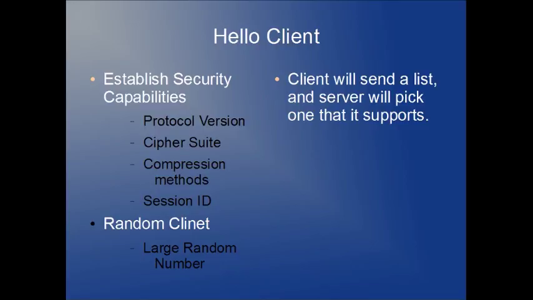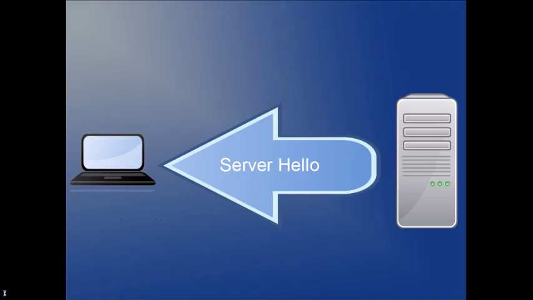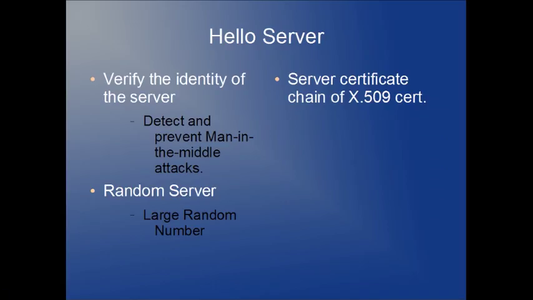And the server will look at the ones that it supports and then pick one that matches and will send back the server hello. The server hello will contain a large random number called the server secret as well.